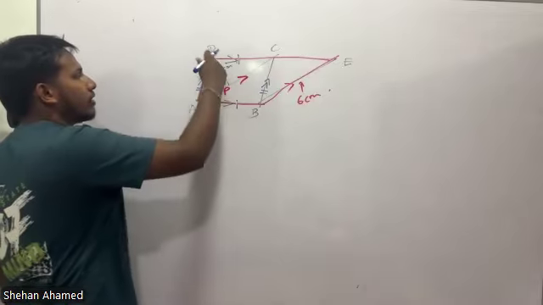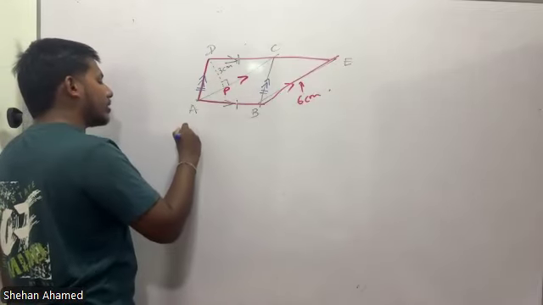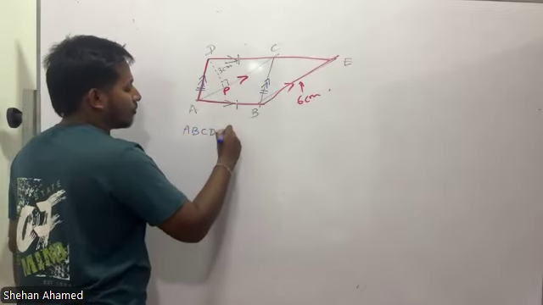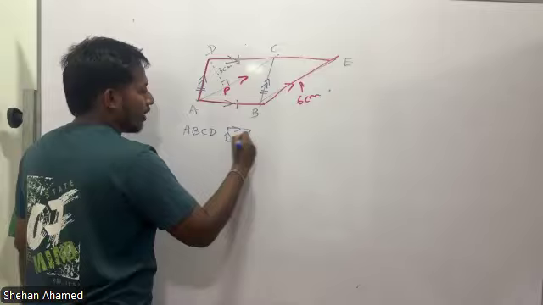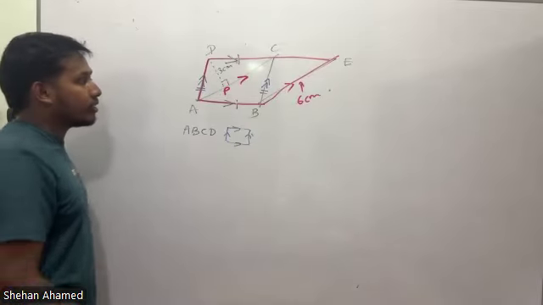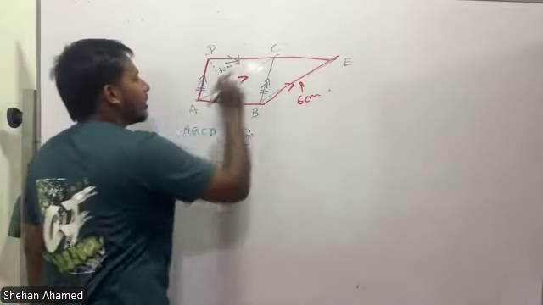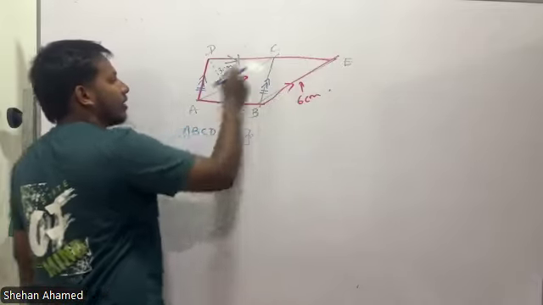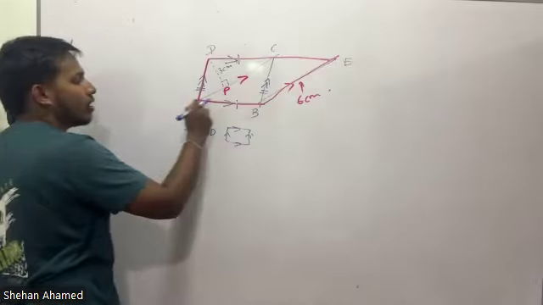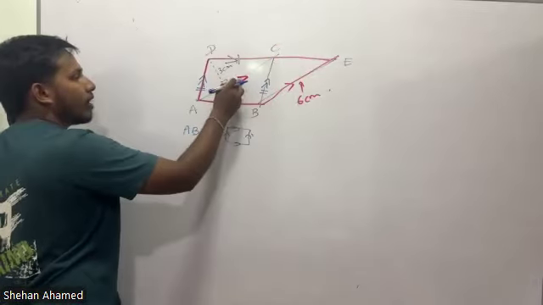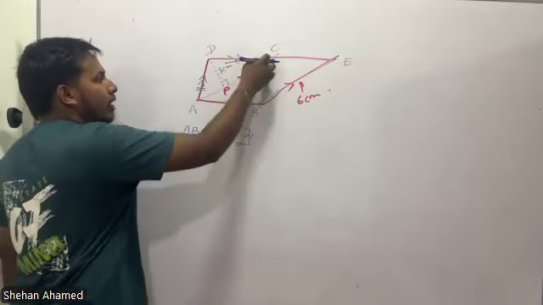So the first parallelogram is ABCD, which is given. And what is the next parallelogram, students? That is ABEC. Yeah, this is also a parallelogram. This is parallel to this, and this is parallel to this part.